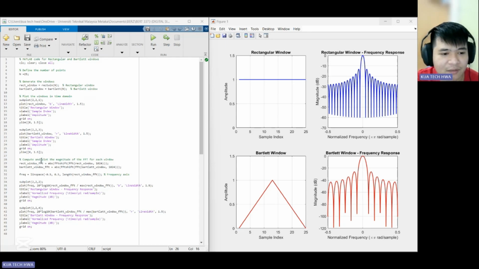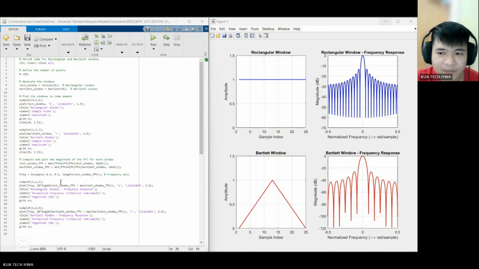Then we compute the fast Fourier transform of the rectangular window signal and the Bartlett window signal using FFT and change it to magnitude using abs with the length of 1024. The frequency range we use is negative 0.5 to 0.5.